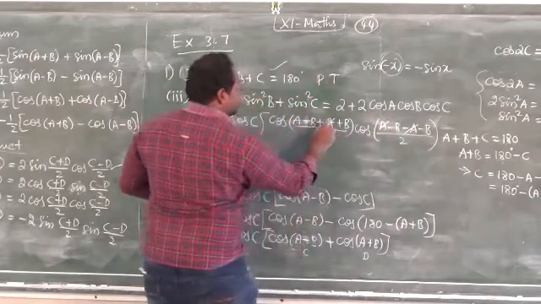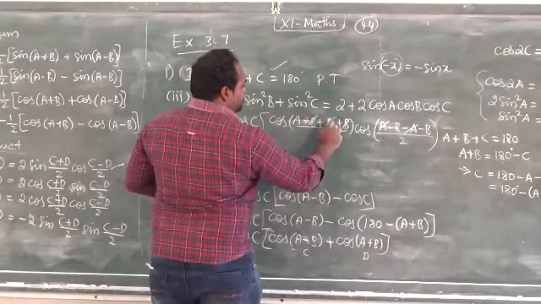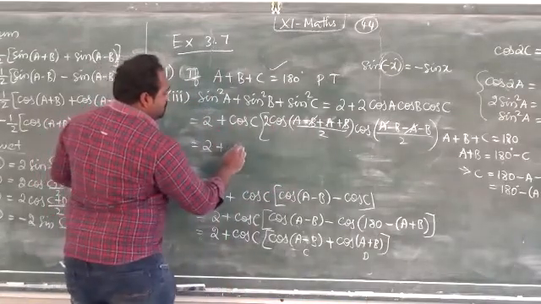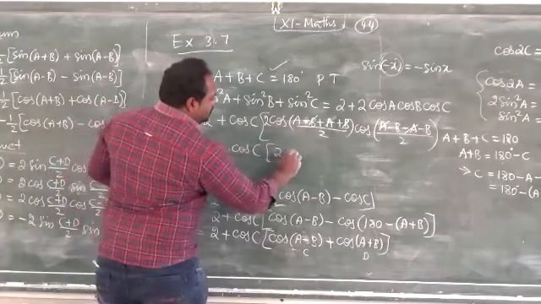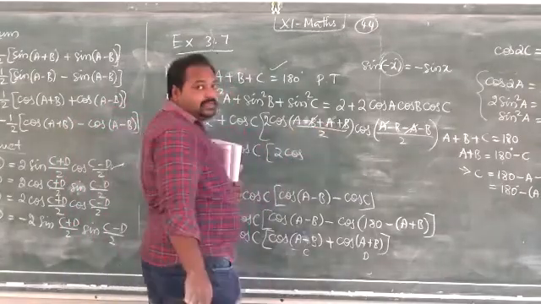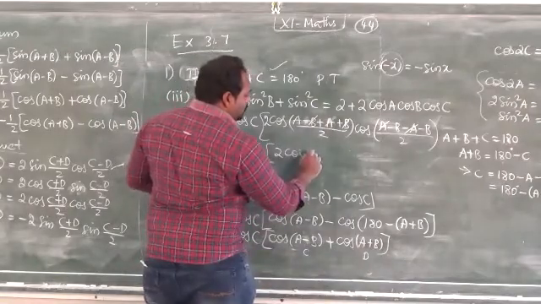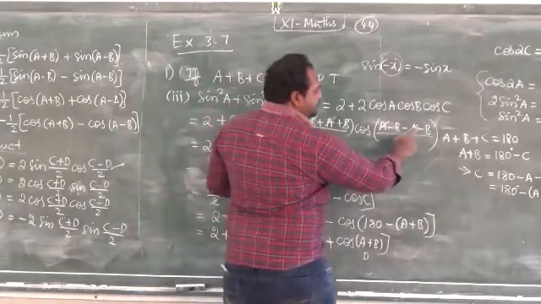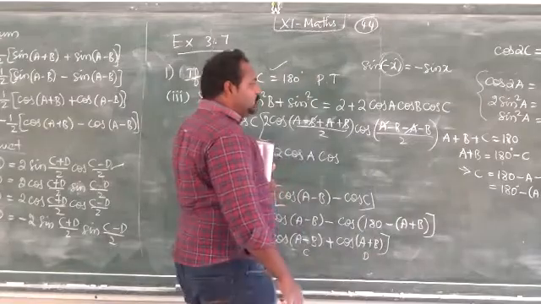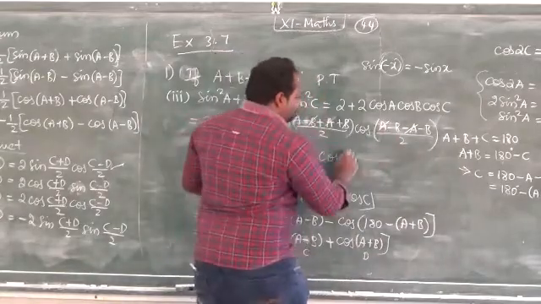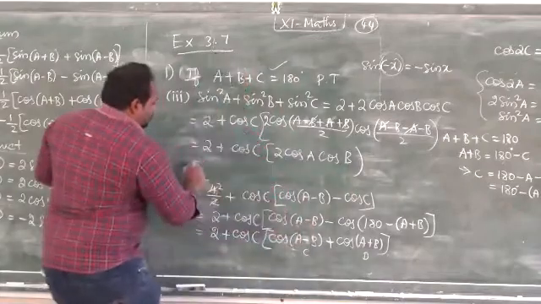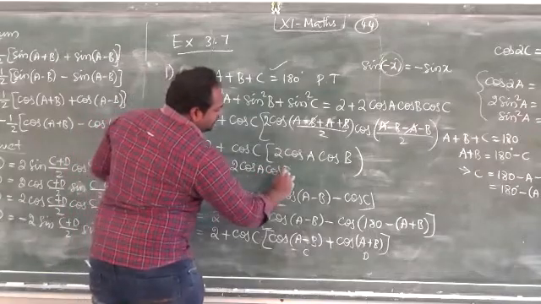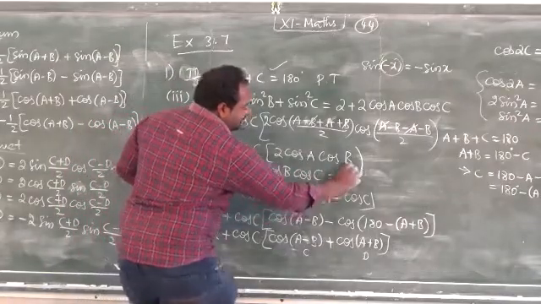Here b and plus b cancel, minus b and plus b cancel, leaving 2. So 2 plus cos c, 2 into cos of (a plus a), 2a by 2, that is a, into cos of (minus b minus b), 2b by 2, 2 cancels, minus b becomes plus b. So finally, 2 plus 2 cos a cos b cos c, which is the RHS.